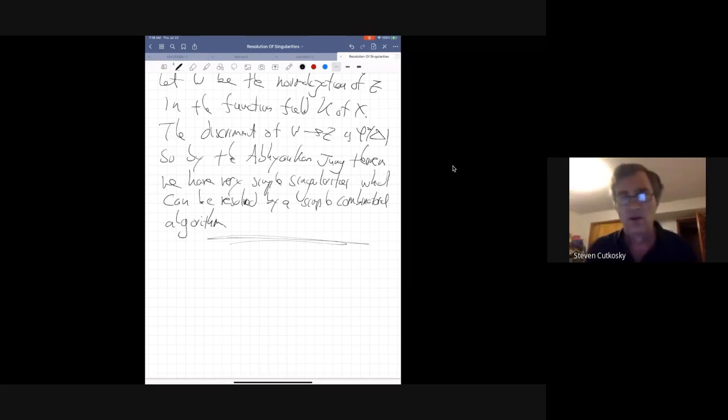You can resolve them combinatorially. But in characteristic p, even when you can reduce to a Galois extension, it's still not really understood what quotient singularities are. I guess Hochster proved they were Cohen-Macaulay, but I don't think we know much else about them. But that's another approach which one could use for trying to prove this.